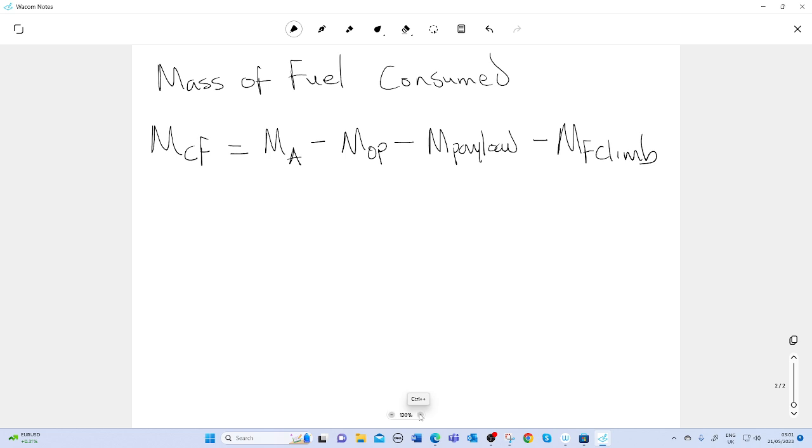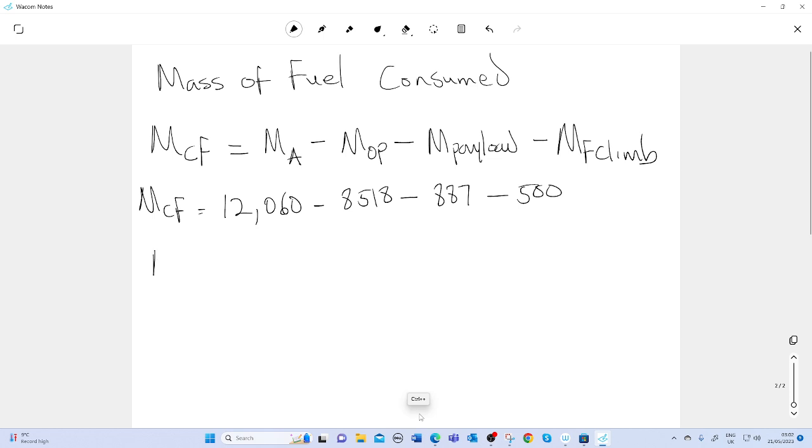So therefore, the mass of fuel consumed equals the mass at A, which equals 12,060, minus the operational mass, 8,518, minus the mass of the payload, 887, minus the mass of the fuel for the climb, 500.